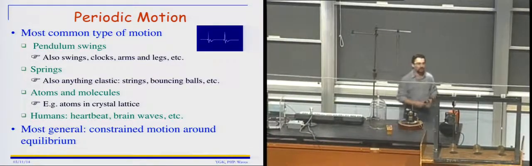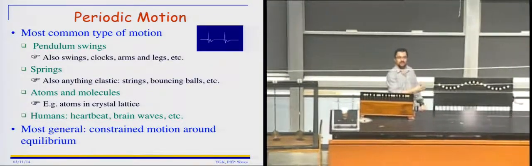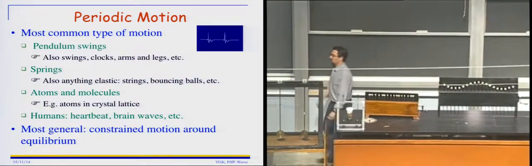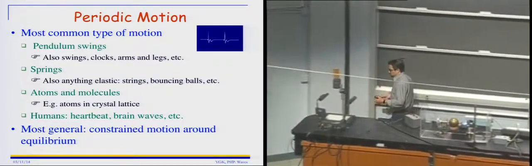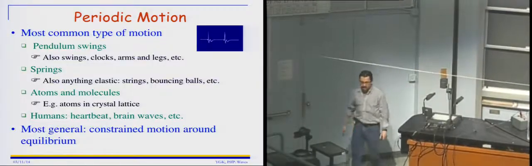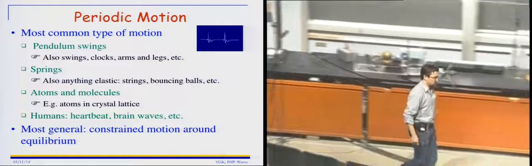If you put something on a spring, any mass on a spring vibrates. This is another example of periodic motion. Another string can vibrate.